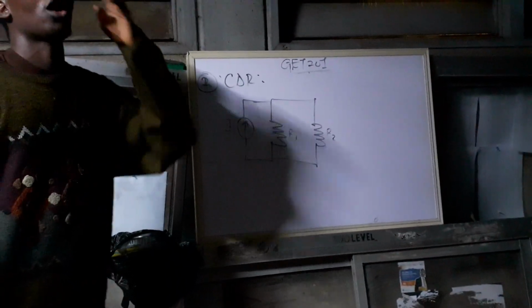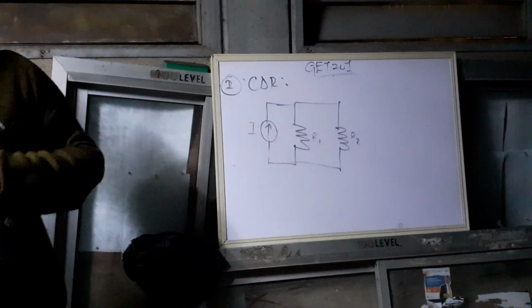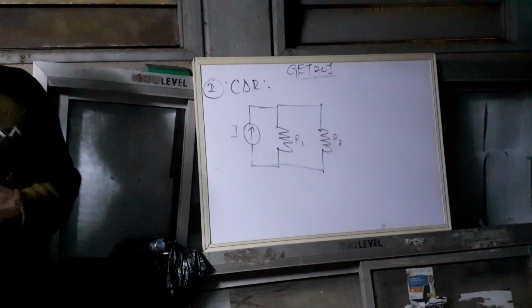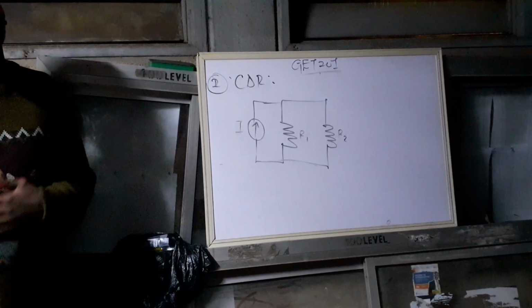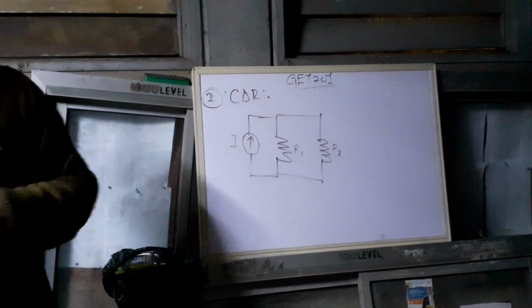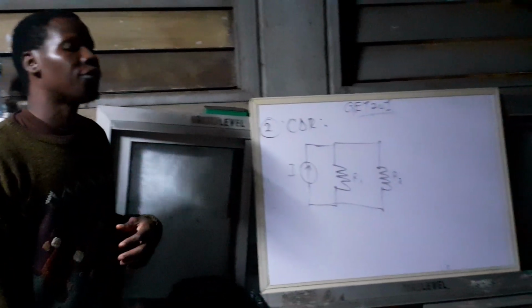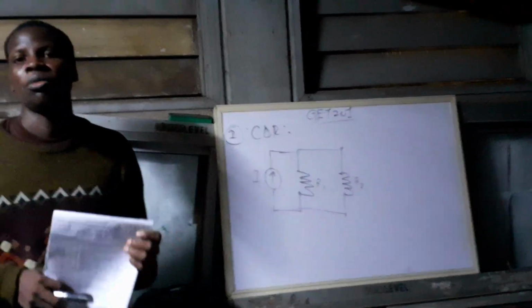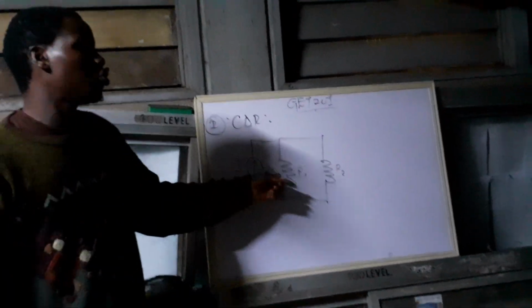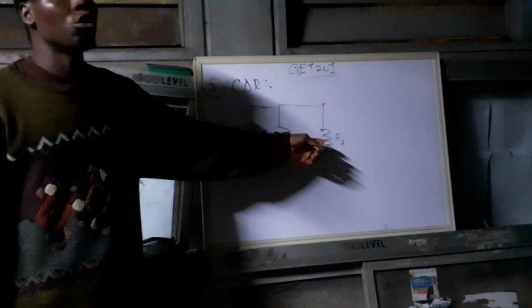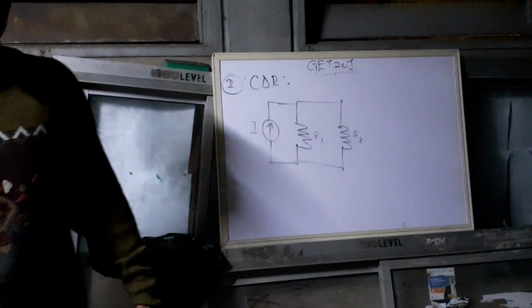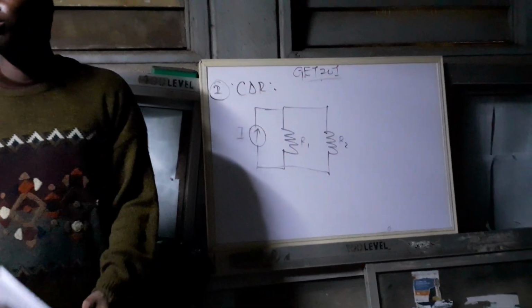When resistors are connected in parallel, you have the same voltage but different currents flowing through them. Then how do we know the current flowing through R1 and through R2? We can use the current divider rule.